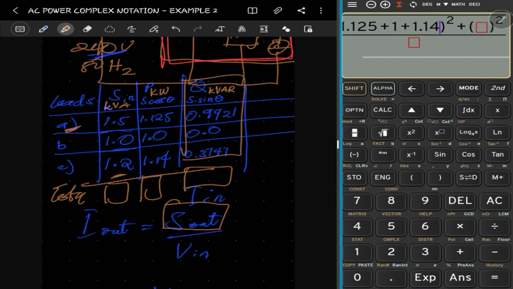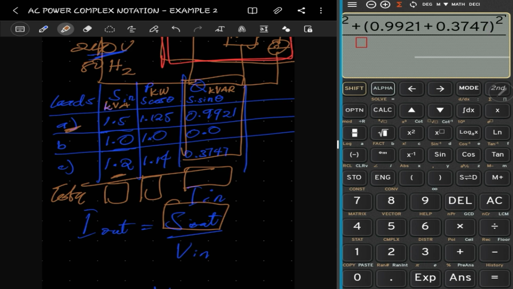So let's see. Okay, and then I'll need 0.9921, plus this is 0. The next one is 0.3747, right? And the Q's have been added up.